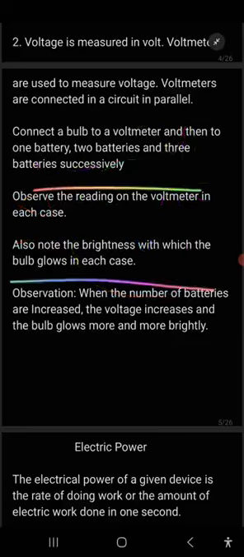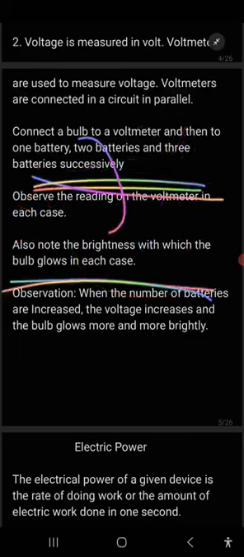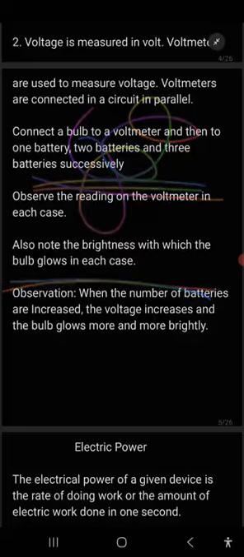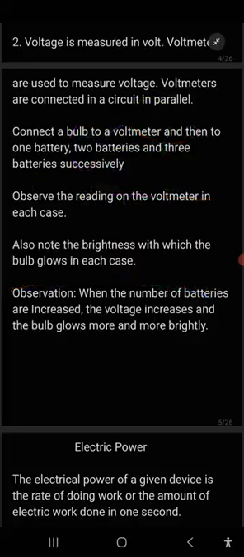This is parallel, okay? Voltmeters are connected in a circuit in a parallel method.